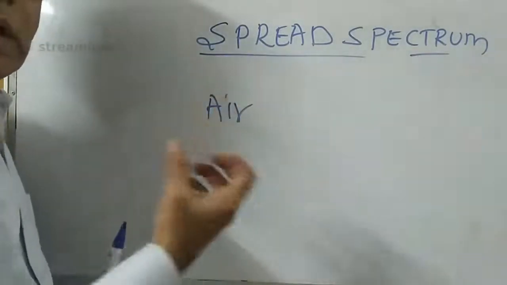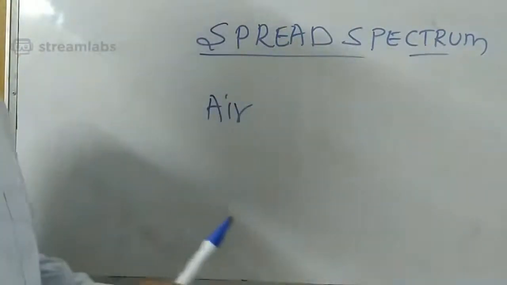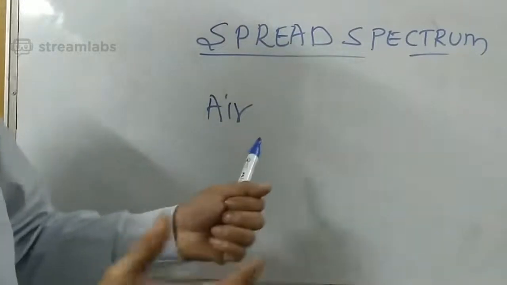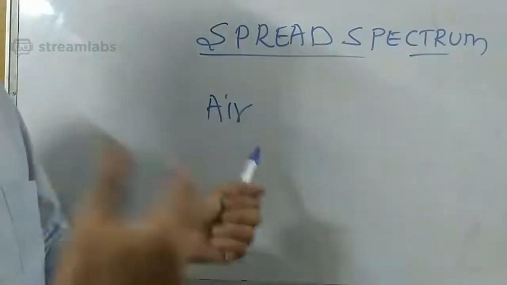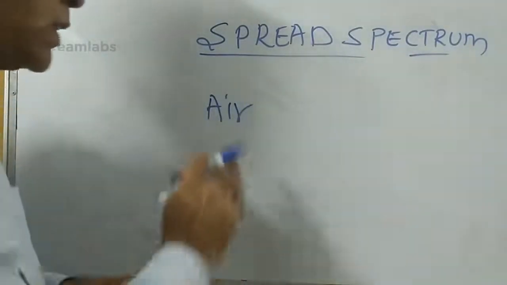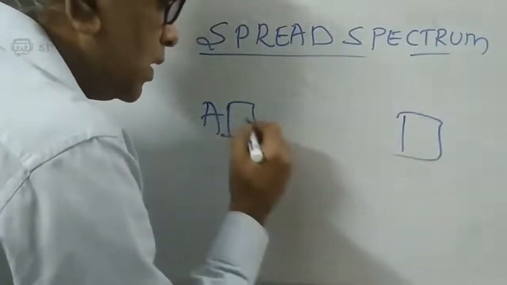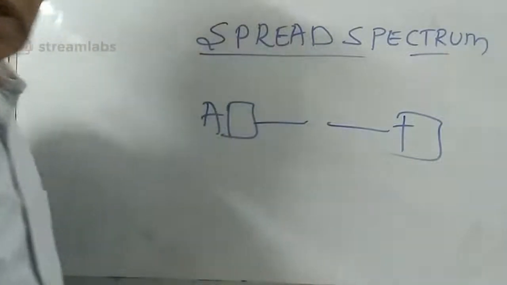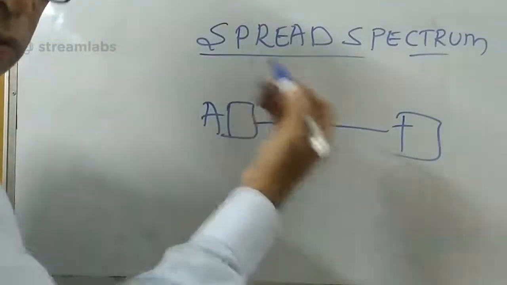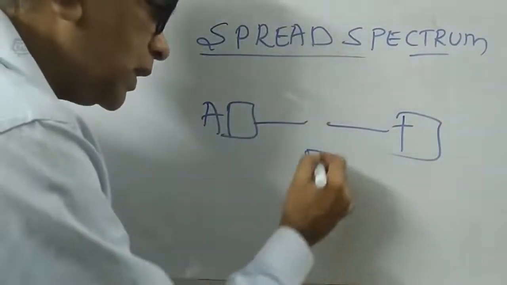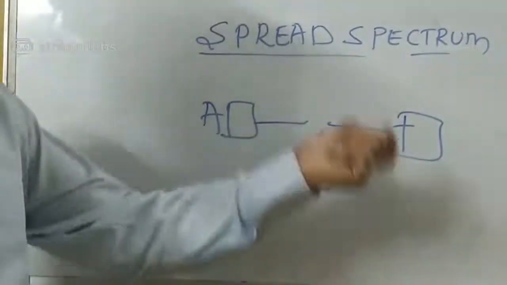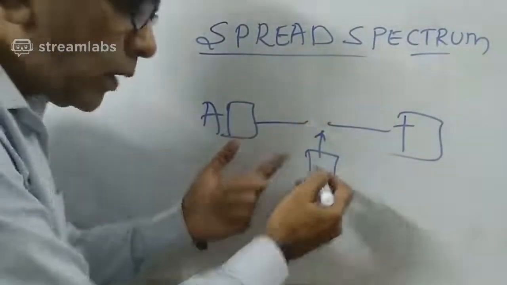Some eavesdropper may listen to the communication between two devices. An eavesdropper is a person sitting in between who wants to listen to the communication between, say, station A and station B communicating wirelessly through air. A third person may listen to their communication, and he will be called an eavesdropper.